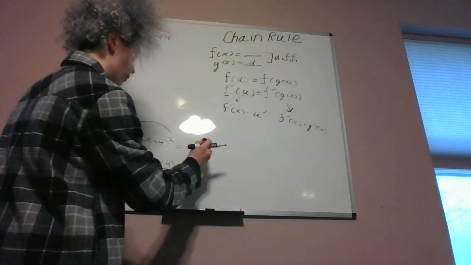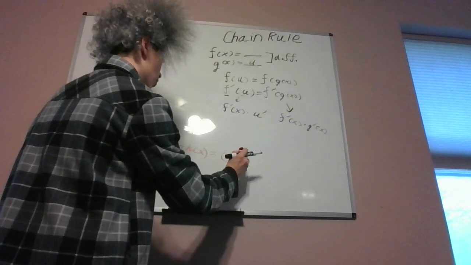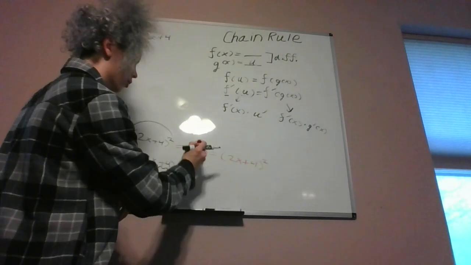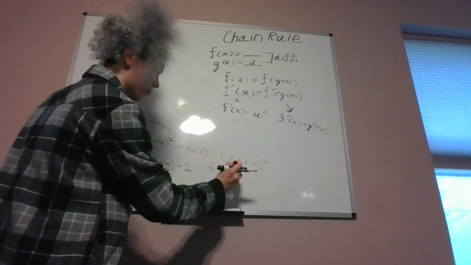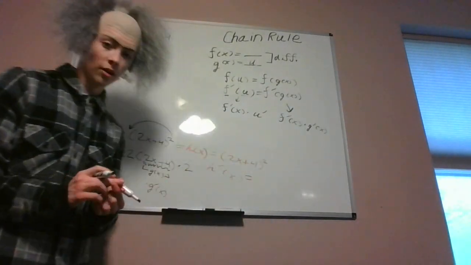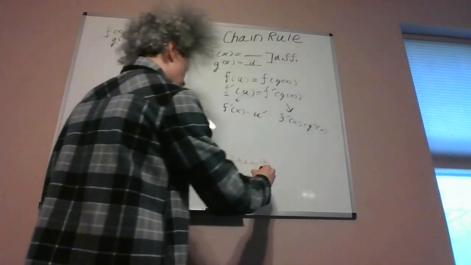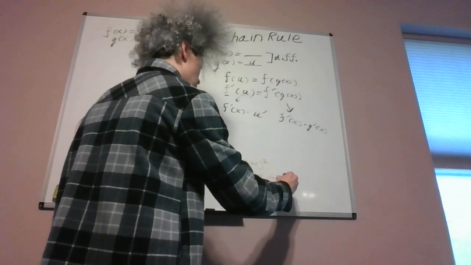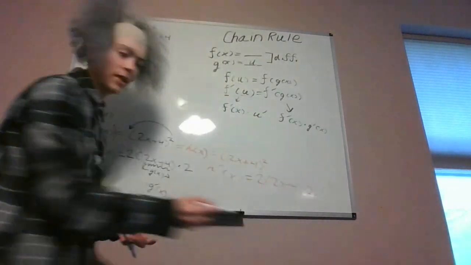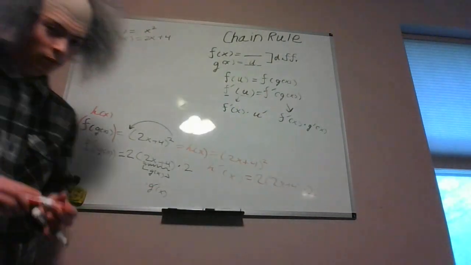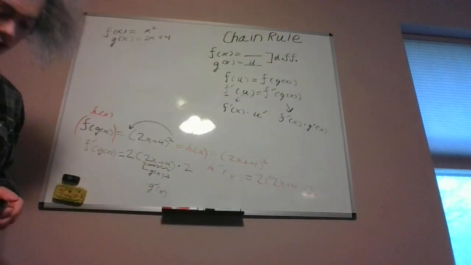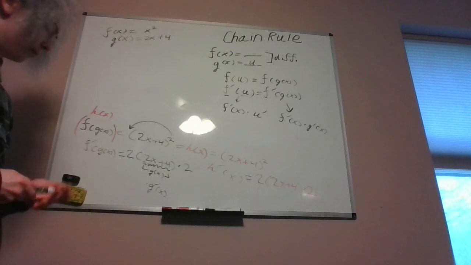So if h of x is equal to that (2x plus 4) squared, the derivative, h prime, is going to be the same thing. Sorry, my handwriting's a bit out of control. It's going to be 2 times (2x plus 4) times 2. And that simplifies down. But yeah, you see that there. The chain rule applies to all functions, not just compositions.